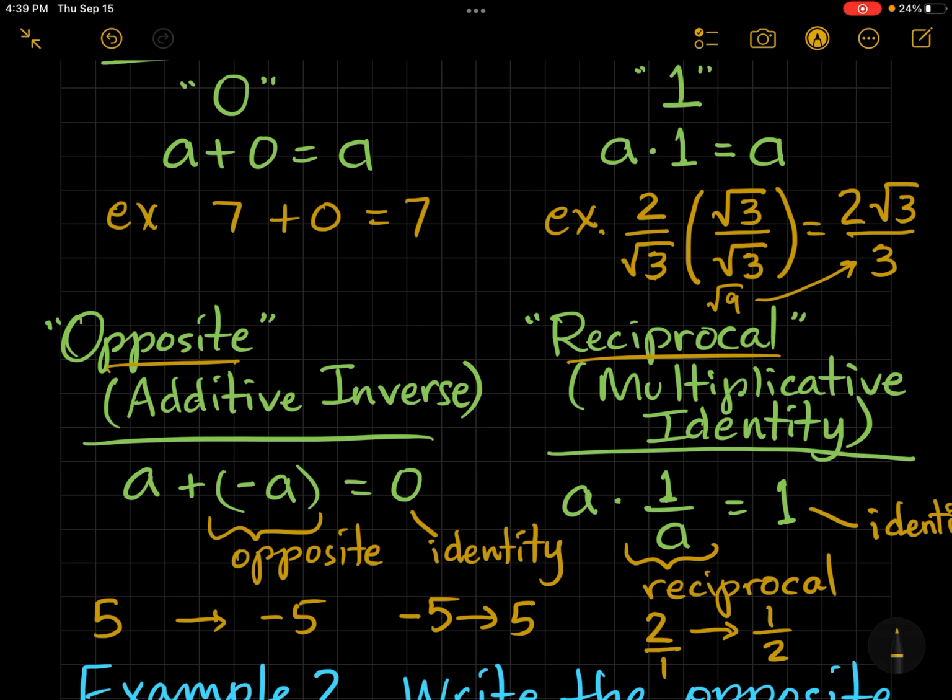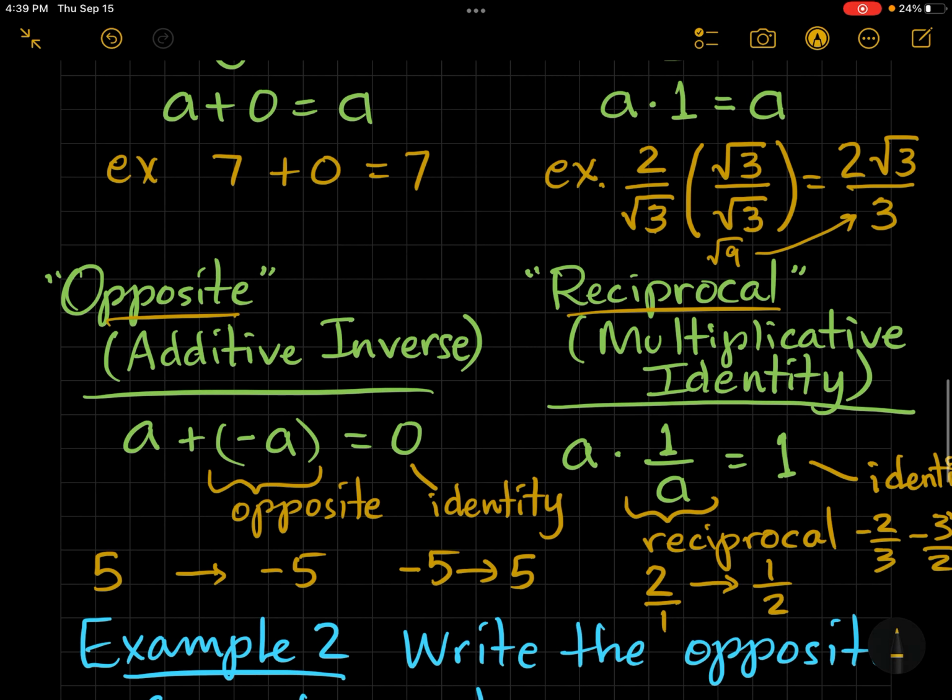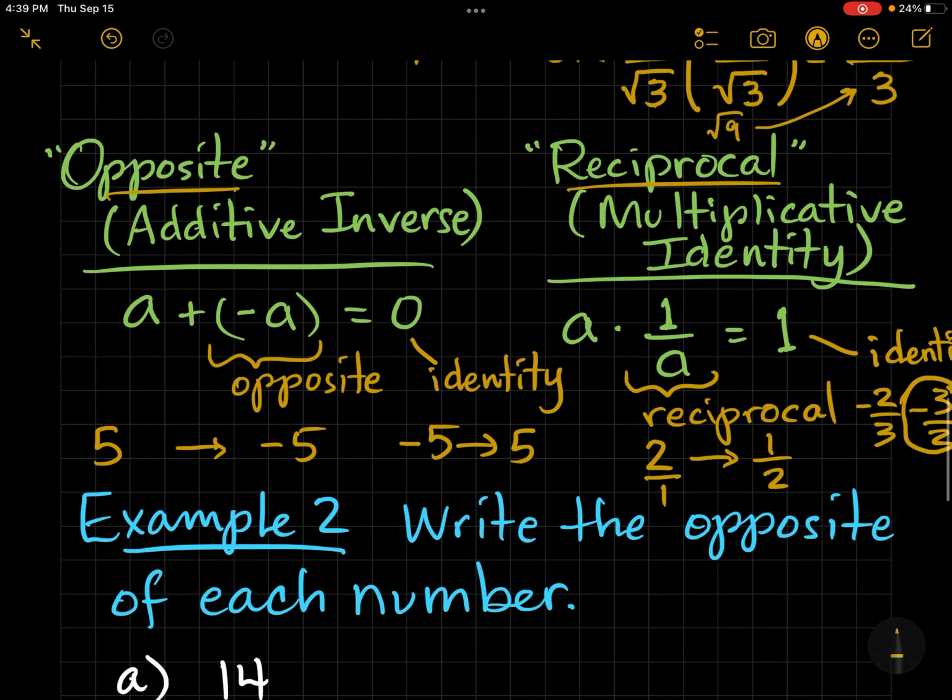So you might just put it over 1 so you can see what to flip. Or the reciprocal of negative 2/3 is negative 3/2. Okay, so you flip it, but you don't change the sign. That's very important. I always have people that want to change the sign. Okay, you just flip it to find the reciprocal.